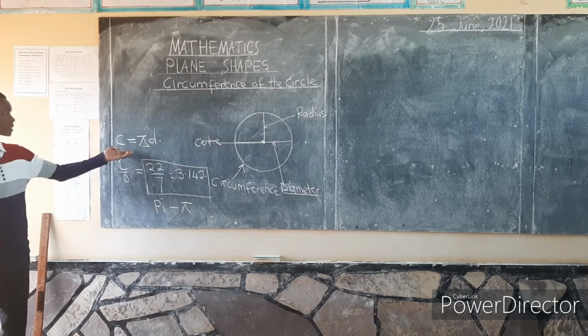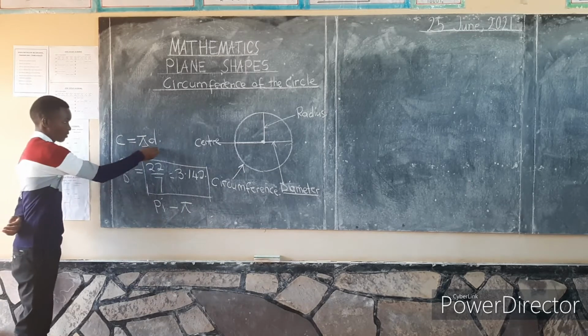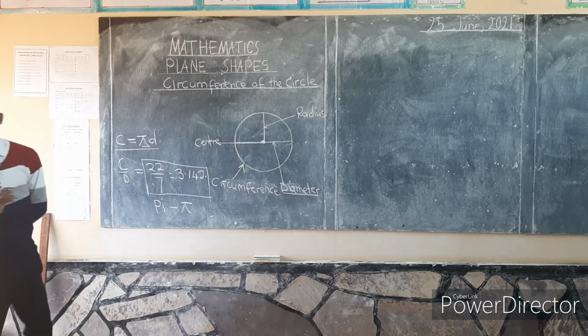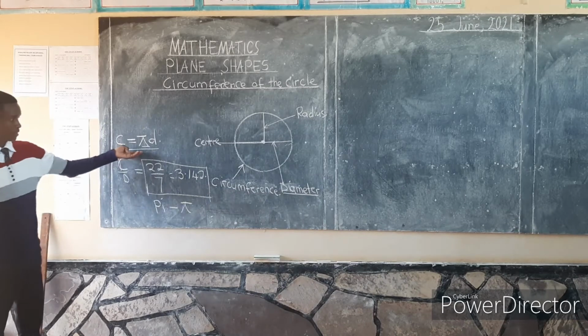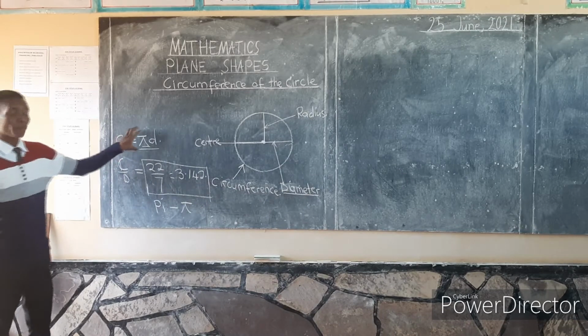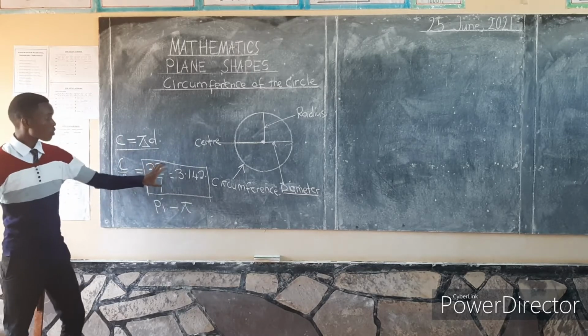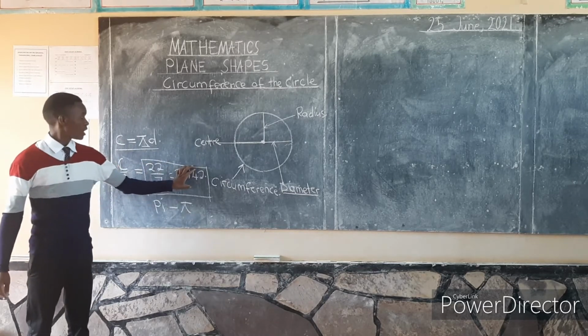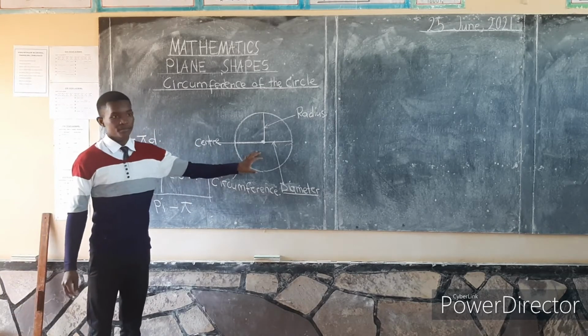So we are going to calculate the circumference of the circle using this. It is very easy to calculate the circumference using this simple formula. Where there is pi, we'll be putting either this fraction or this number in decimal. And where there is d, we'll be putting the diameter.